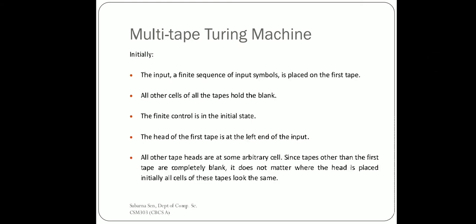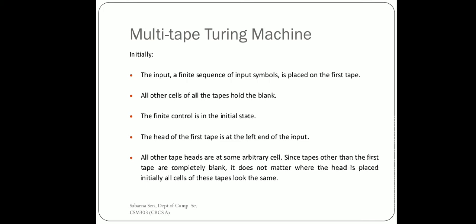To begin with, initially the input, that is the finite sequence of input symbols, is placed on the first tape. We will visit the diagram in later slides. There you can see that there will be multiple tapes, obviously a finite number of tapes, and the input which we are going to process will be placed in the first tape only, as a finite sequence.